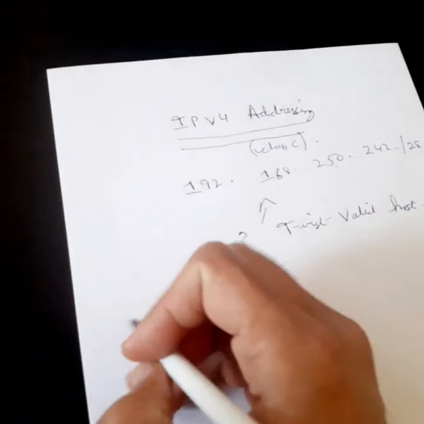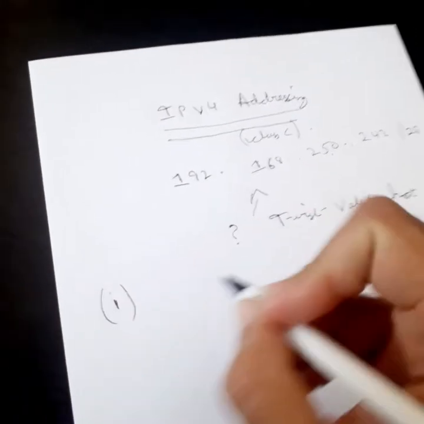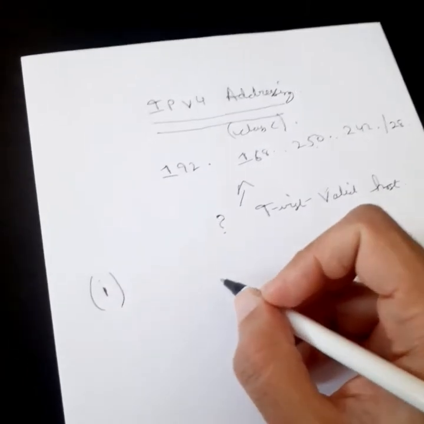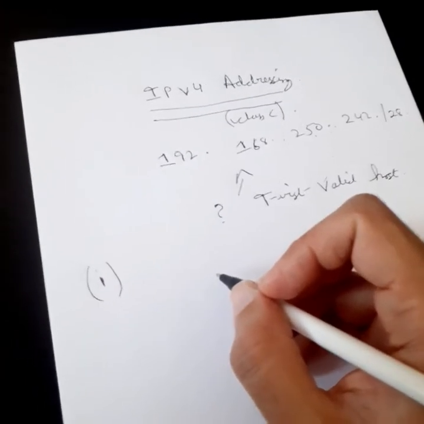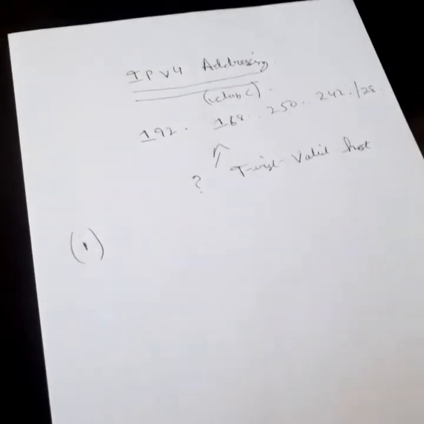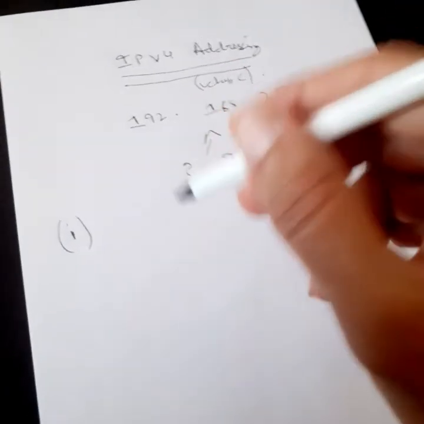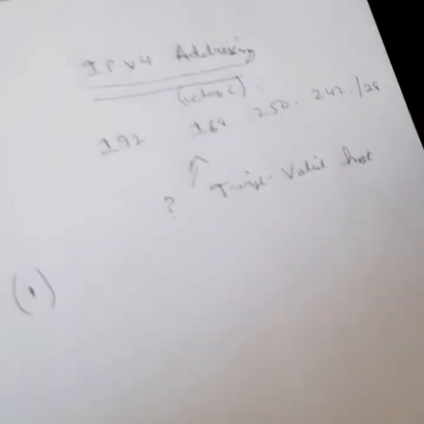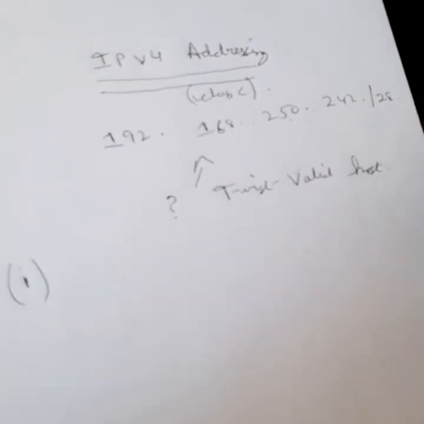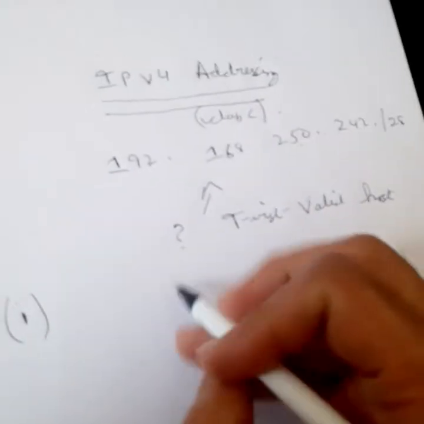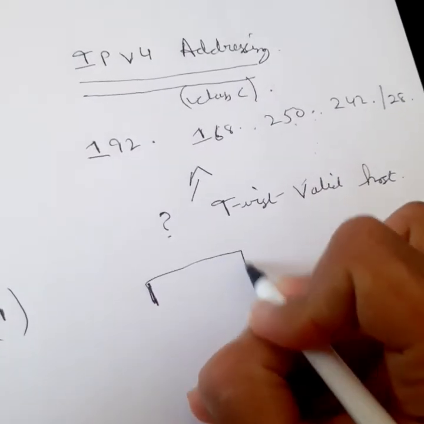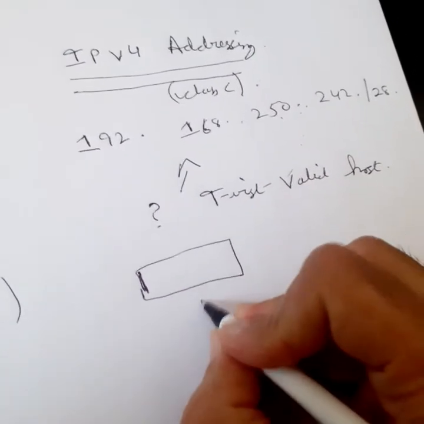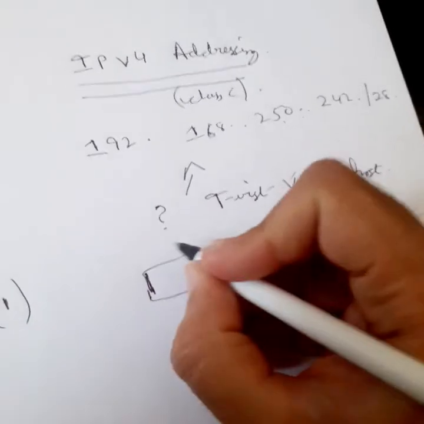Firstly, number one, let's convert it into octets and bits and dotted decimal notation. If anyone doesn't know what dotted decimal notation is, watch my previous videos as well. So that's /28, which means I'm going to break this up now. That's octet number one, which is 8 bits, first octet.